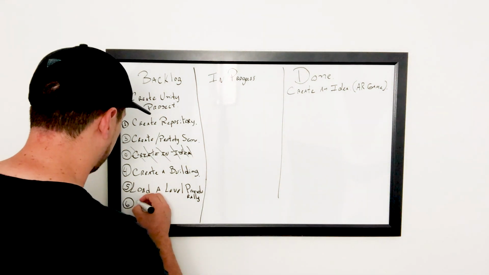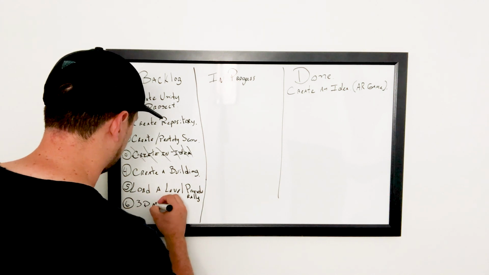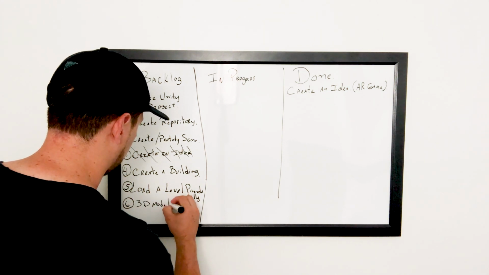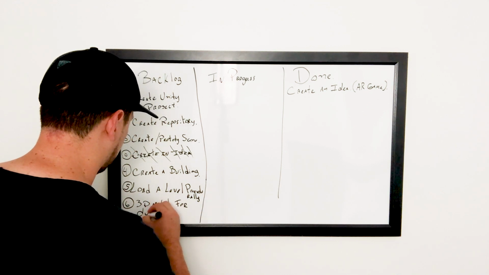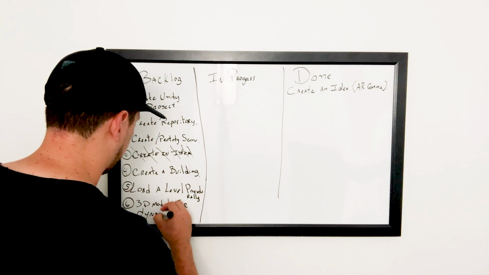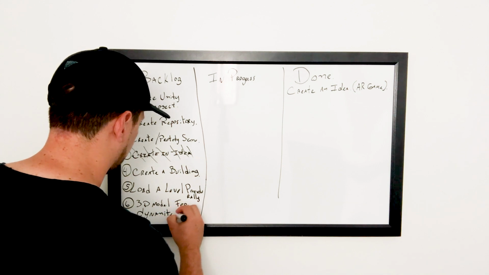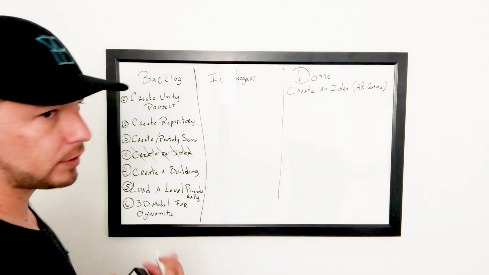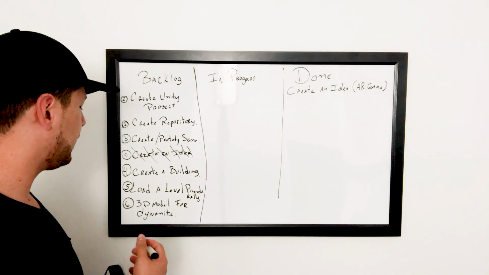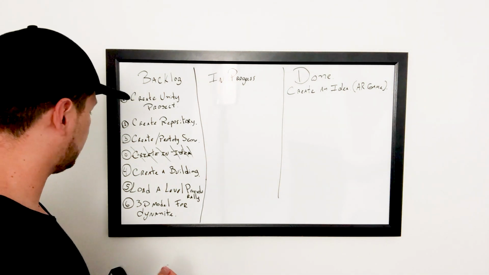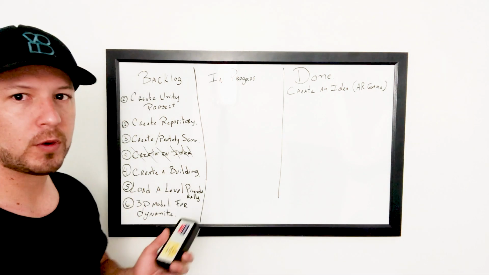So we're gonna create a 3D model for a dynamite. And then with that, there goes a lot of different tasks, because we'll need a script that actually triggers the dynamite and so on. So I think we have enough to work with right now.